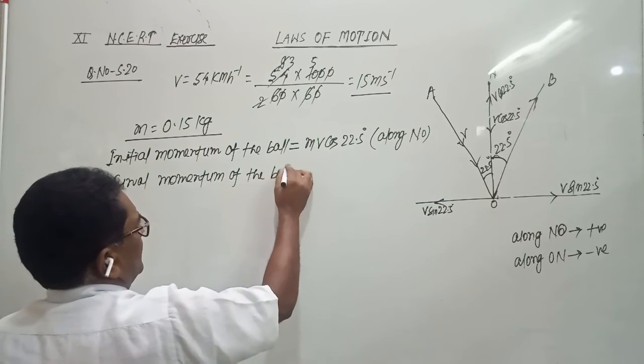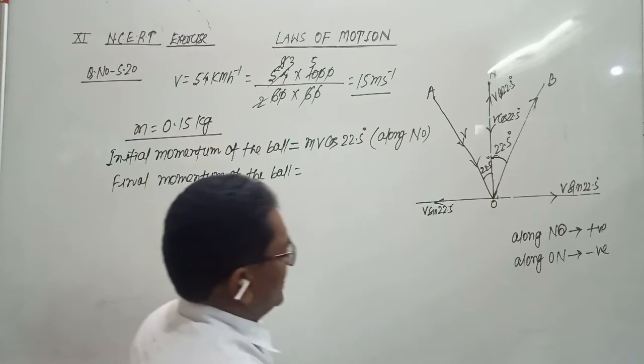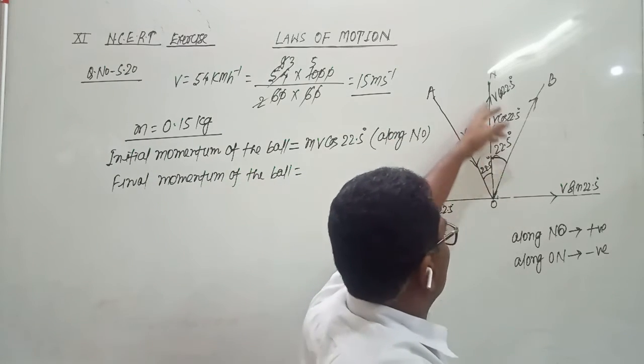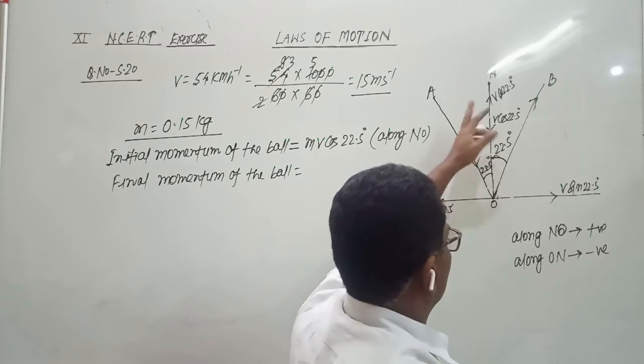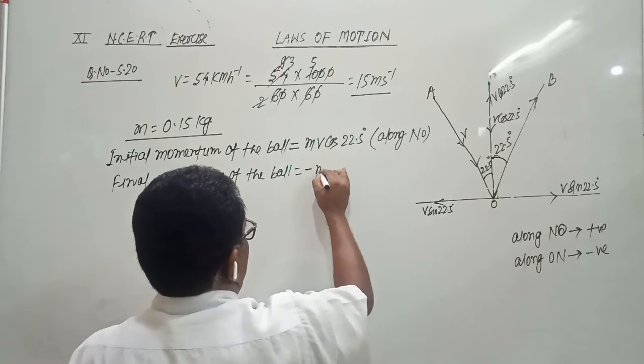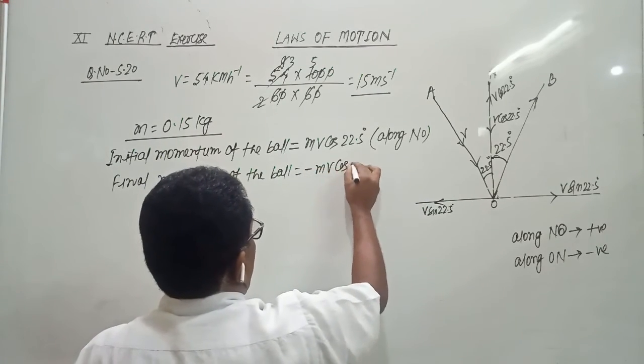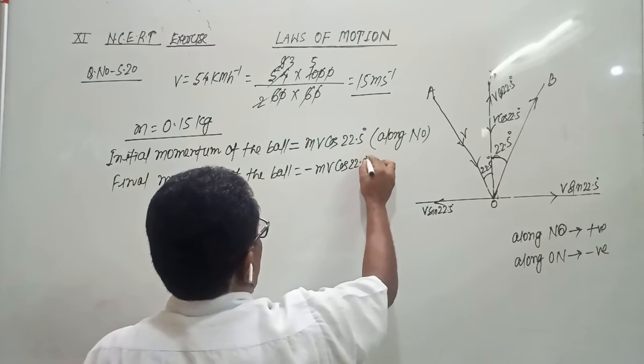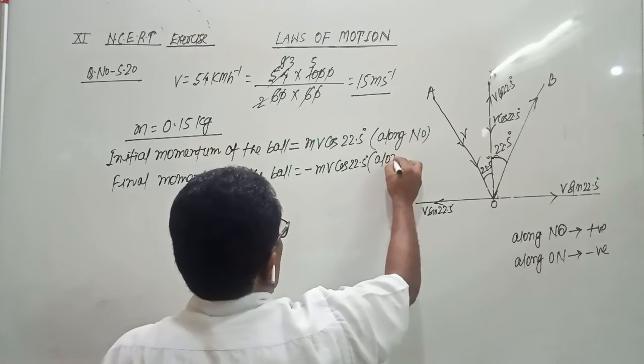So the component of velocity along ON is taken as negative: minus mv cos 22.5 degree along the ON direction.